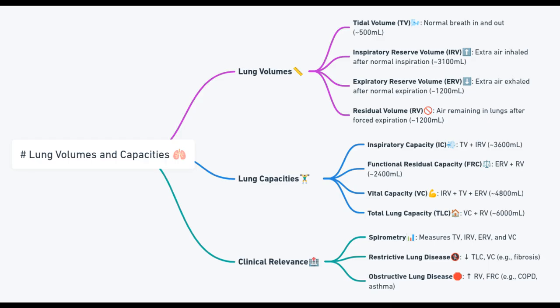Height, taller people have larger lung volumes, and ethnicity, generally blacks have lower lung volumes than Caucasians. And the ethnic differences may be due to factors that affect lung development, like geographical location, levels of physical activity, childhood, and diet.